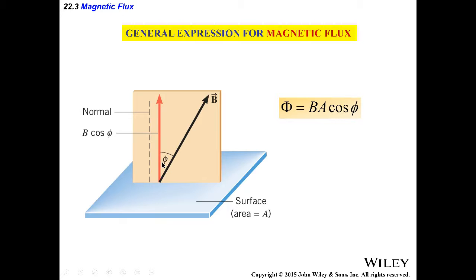So the magnetic flux is Φ equals BA cosine phi. Are you okay with this? This is a little bit of mathematics, just to be more precise, so that you're able to handle more general situations.